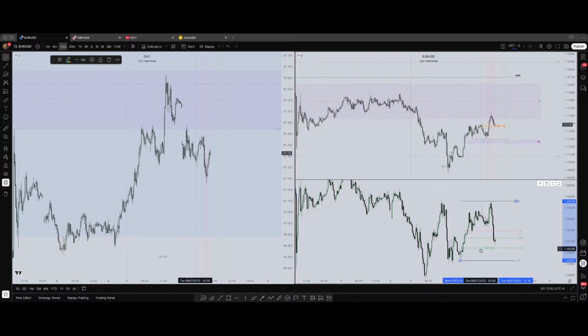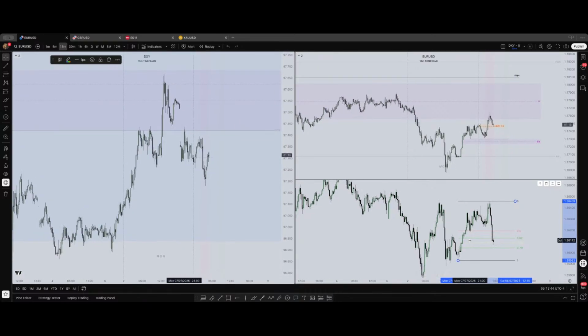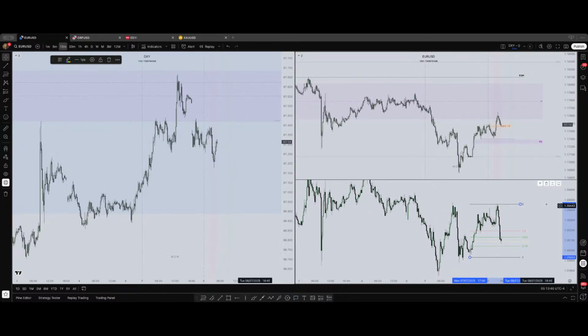So we can expect an entry here. It matches some criteria or steps I normally have in mind before taking a trade.